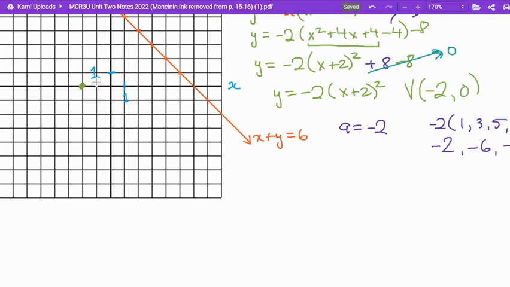Well, I go 1 to the right, 2 down. 1 to the right, 6 down. And I've run out of space. On the other side, 1 to the right, 2 down. 1 to the right, 6 down. Draw a smooth curve. Label your parabola.